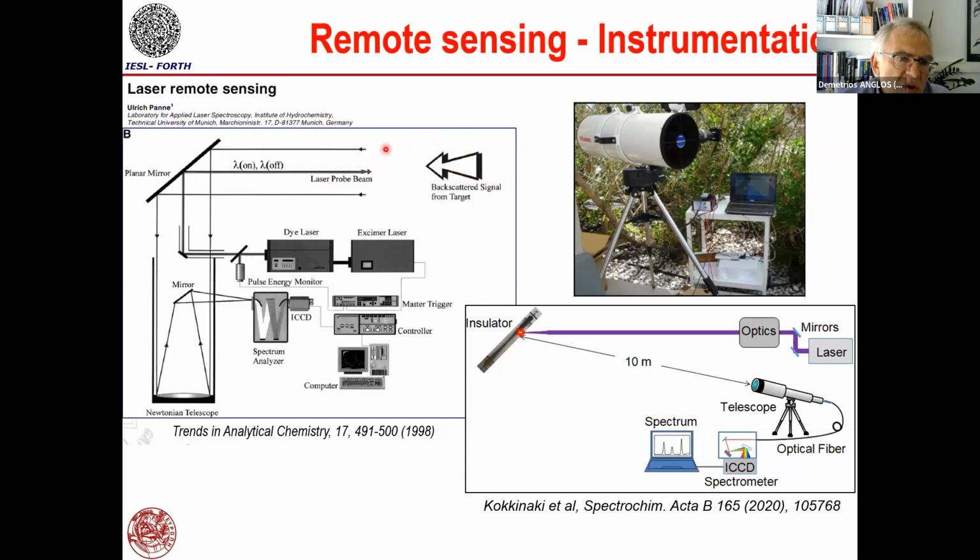Through the telescope, we collect the backscattered light. It goes into a spectrometer and detector. Therefore, we can record spectra, or we can record intensities at particular wavelengths, or we can do both. And this way, we can analyze various pollutants in the atmosphere, identify them, measure them, and so on.